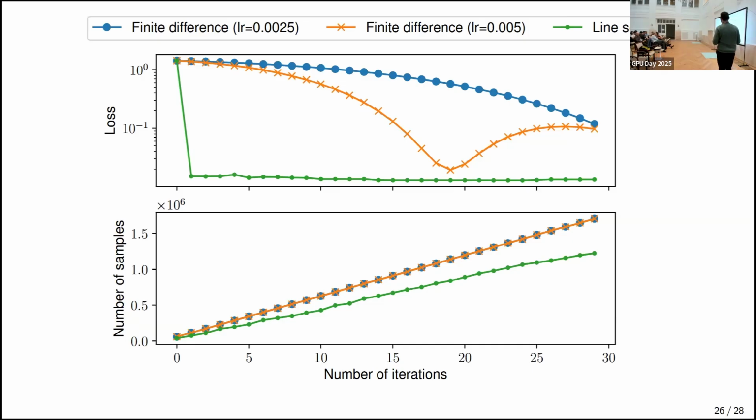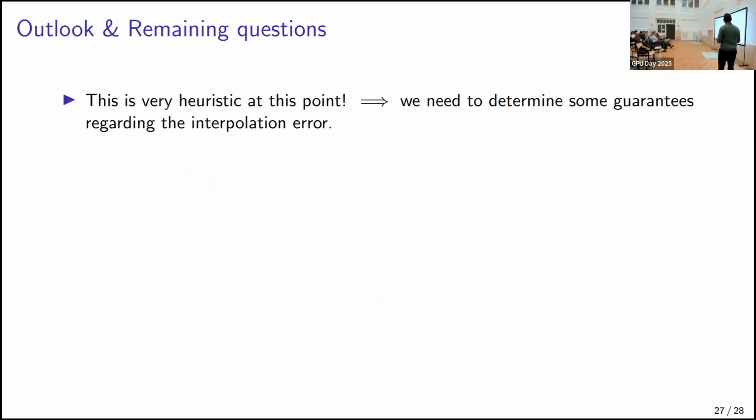And I also got closer to the minimum faster than the finite difference. So it seems good. It seems promising. I hope it would work for larger systems as well. And I should mention that I used Picasso, which is now published in Quantum, for the simulations.